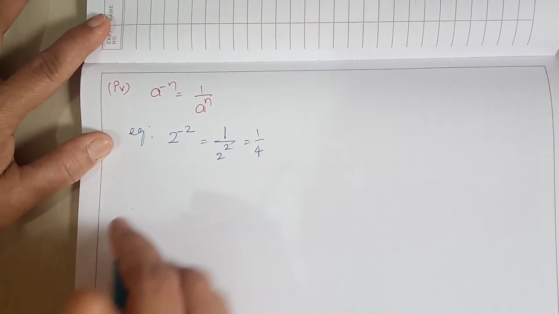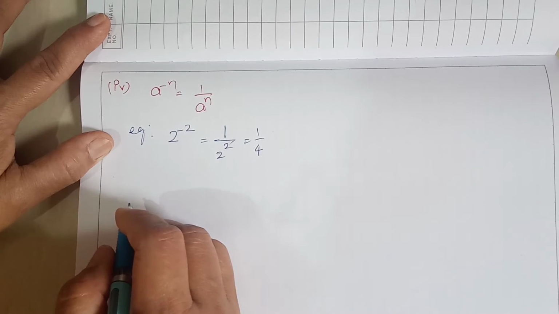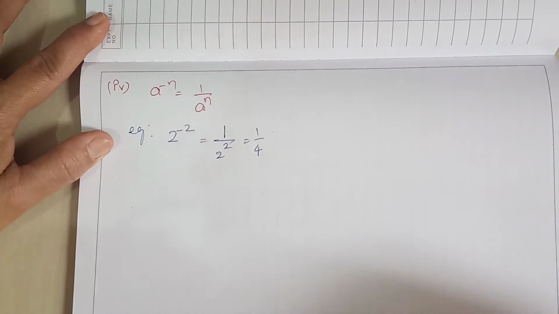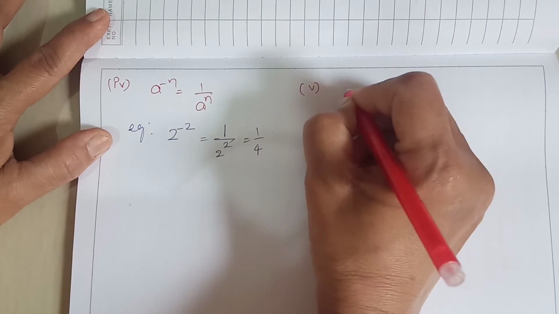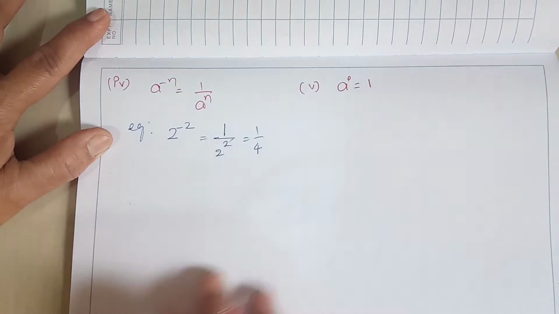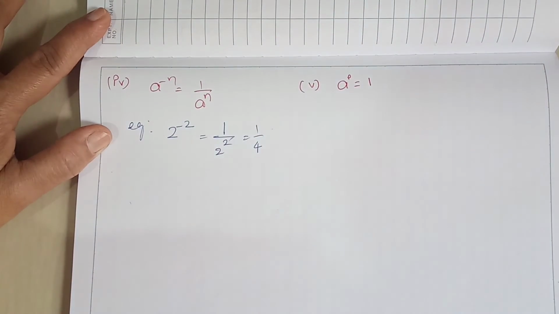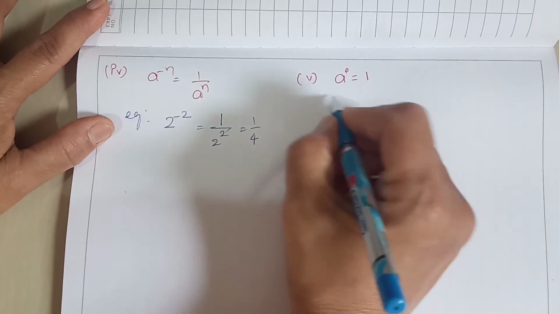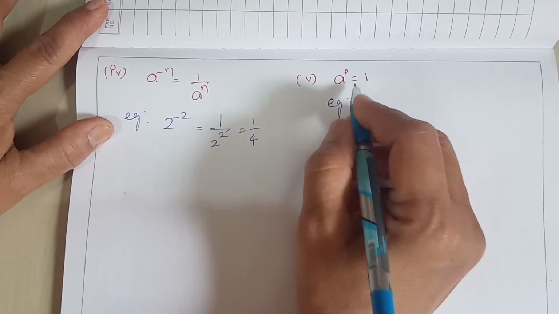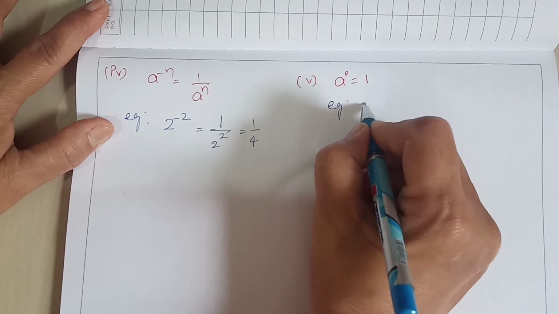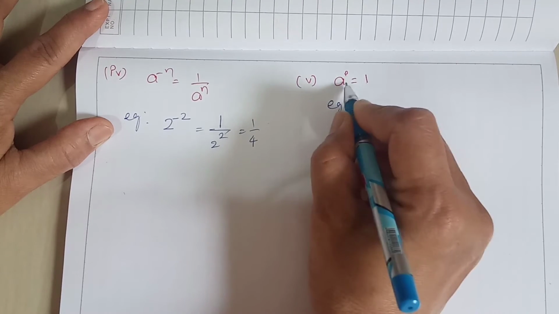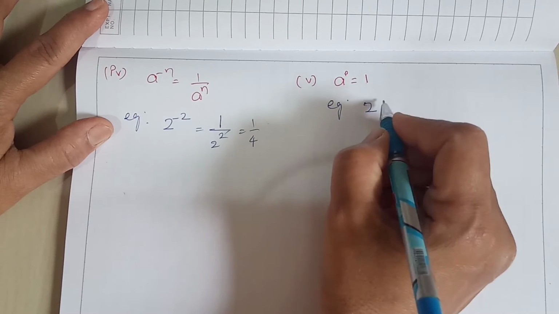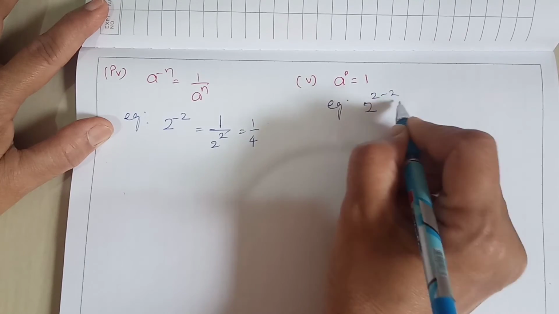And now one more, the fifth one: a to the power 0 is equal to 1. Let's go with an example. Suppose this can be written as 2 to the power 2 minus 2.